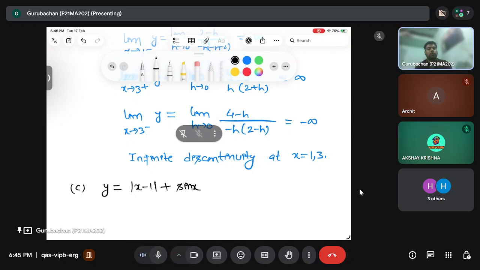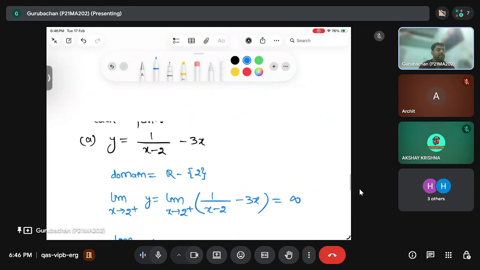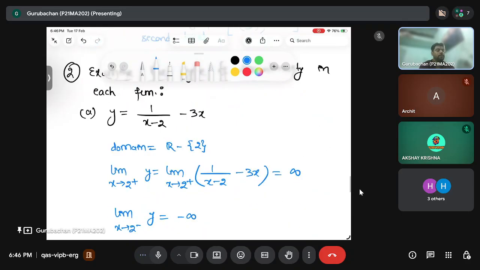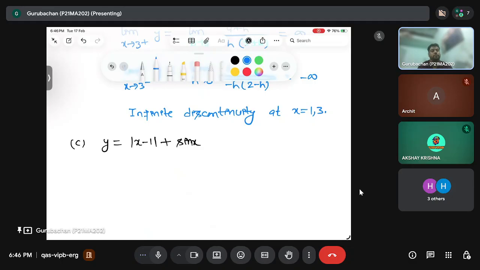What is the interval of continuity? Is it fine?